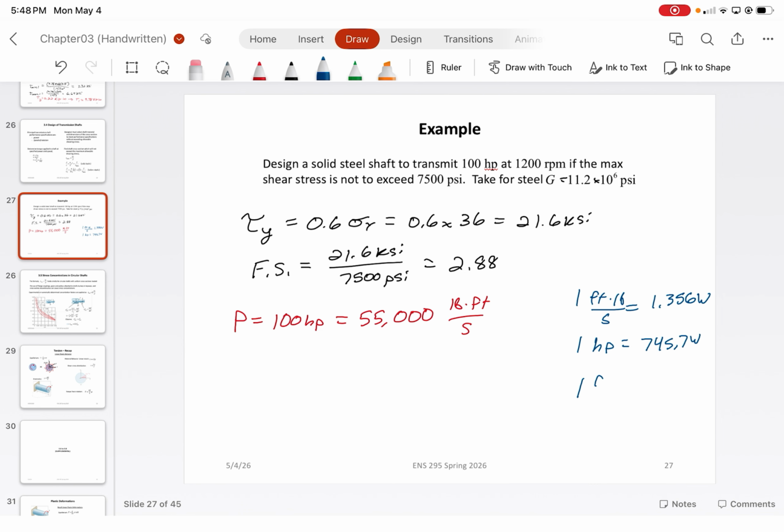Yeah. So then that means that 1 horsepower is approximately 550 foot-pound per second. So that's where the conversion factor comes from. That's in Appendix A.